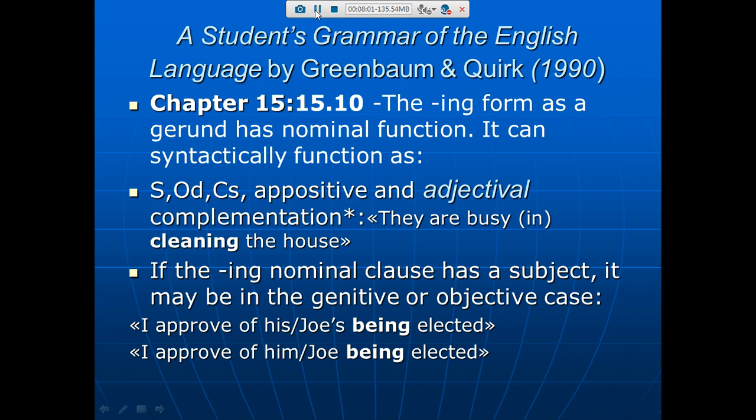And as you can see in this case, it's in the genitive case, Joe's being elected. But it could also be in the objective case: "I approve of him or of Joe being elected." Both are acceptable, the second one being more informal than the first one.